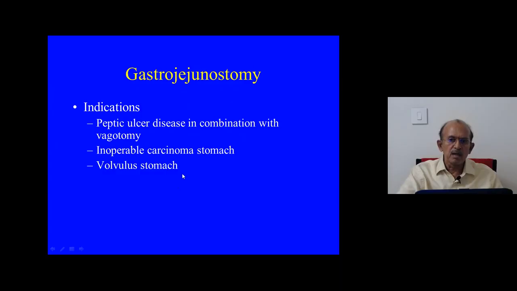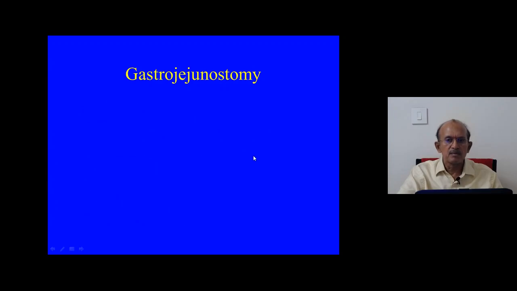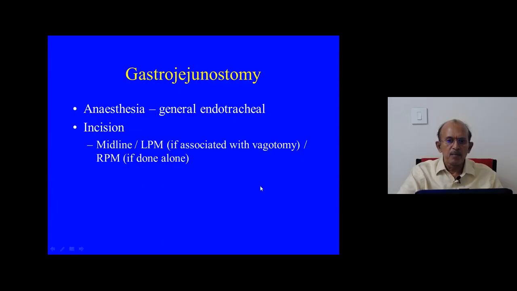In volvulus of the stomach, of course, it is not being done nowadays. Types: open method or laparoscopic method. Anesthesia: general endotracheal anesthesia. Incision: midline or left paramedian incision.